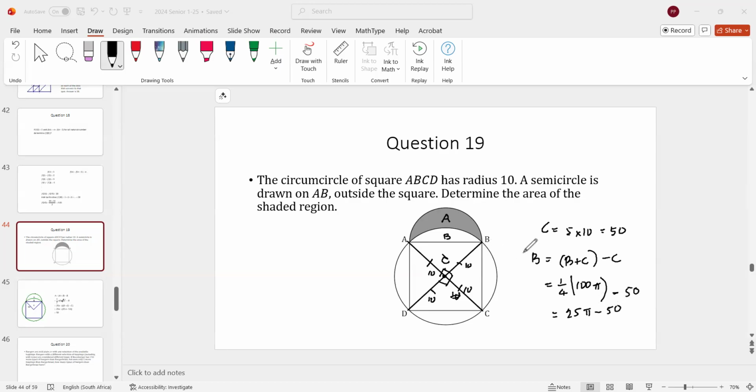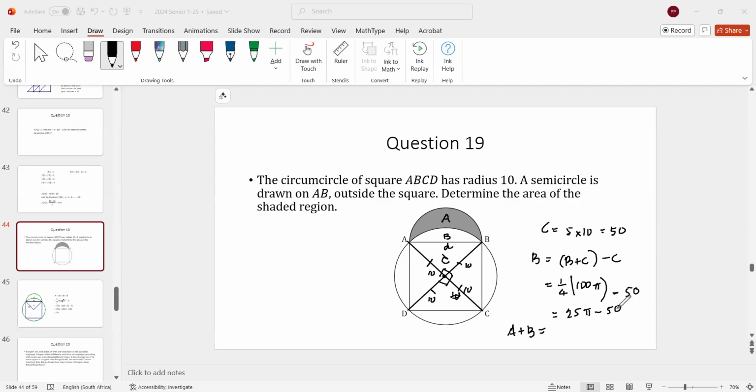Okay, and once you have B, then A plus B is the area of the semicircle. It said that this is a semicircle. Suppose AB is d, the diameter of the circle.